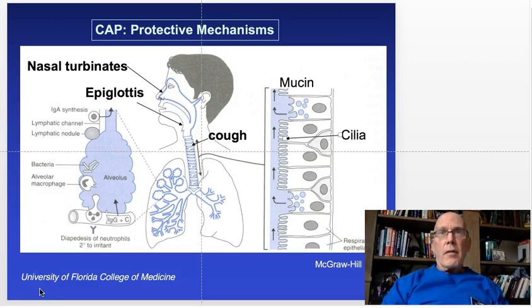In order to survive, humans possess a number of mechanisms to prevent bacteria and viruses from entering the lung. First are the nasal turbinates. They contain mucus and hairs that trap particles. Second, and one of the most important defense mechanisms, is the epiglottis.